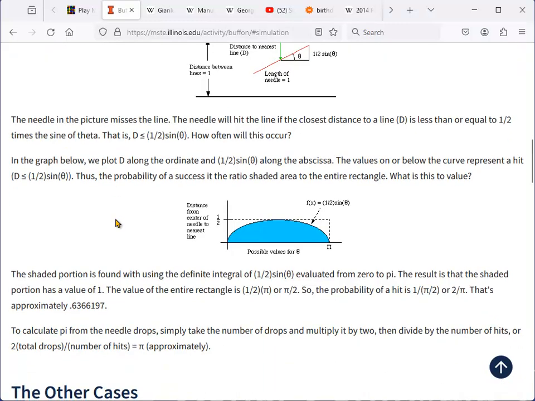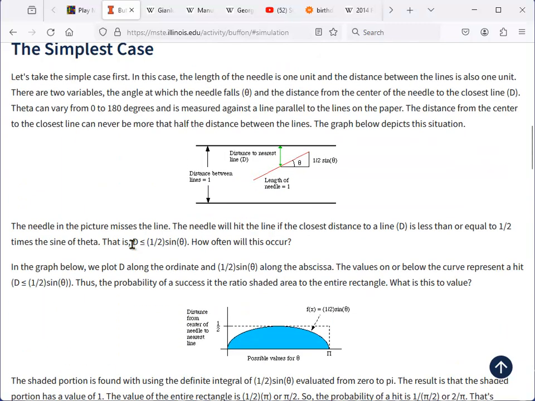And here's the surprising result for this one. By dropping this needle over and over again, you come up with a probability, and the probability is linked to the number pi, 3.14. And the surprising thing is we're looking at a straight needle that is being dropped onto parallel lines, and for some reason we come up with the number pi that goes with the circle, relating the diameter of a circle to its circumference.